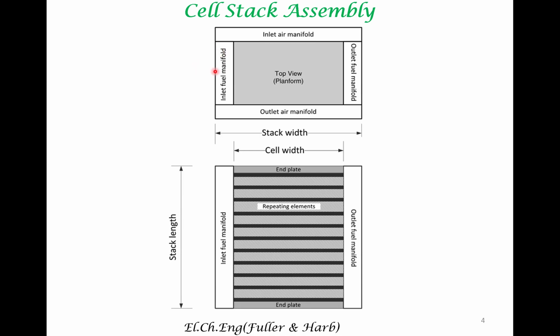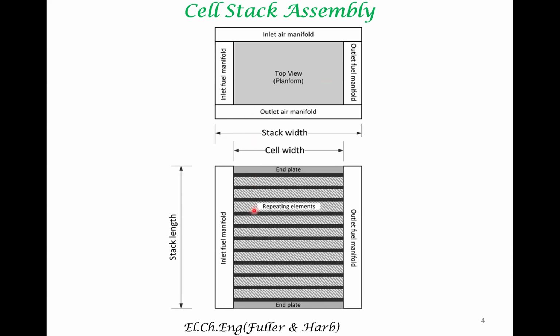The fuel is let into the fuel cell stack from this side, and the unused fuel gets out in this side. Perpendicular to this direction, air, which is the typical oxidant, gets in this direction and gets out through this side. So this is indicative of the active electrode area.